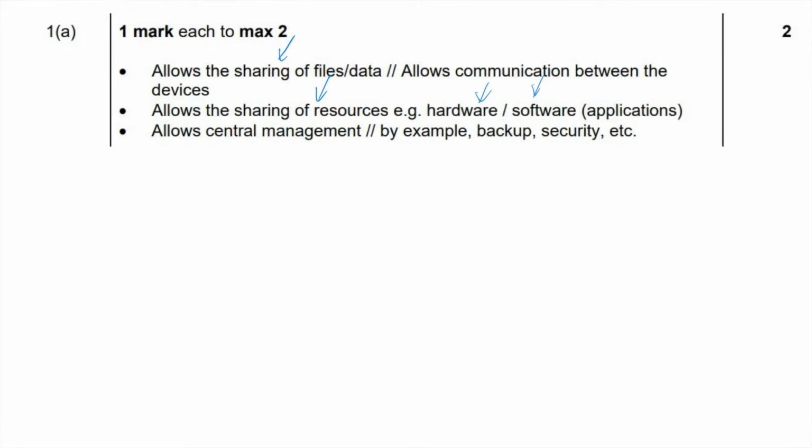An example of software might be gaming software where we can connect to each other using a local area network. A local area network also allows for centralized management, so we can manage security. We can back up all the data on the devices on a network, etc. I'd say these are probably the two easiest to remember.